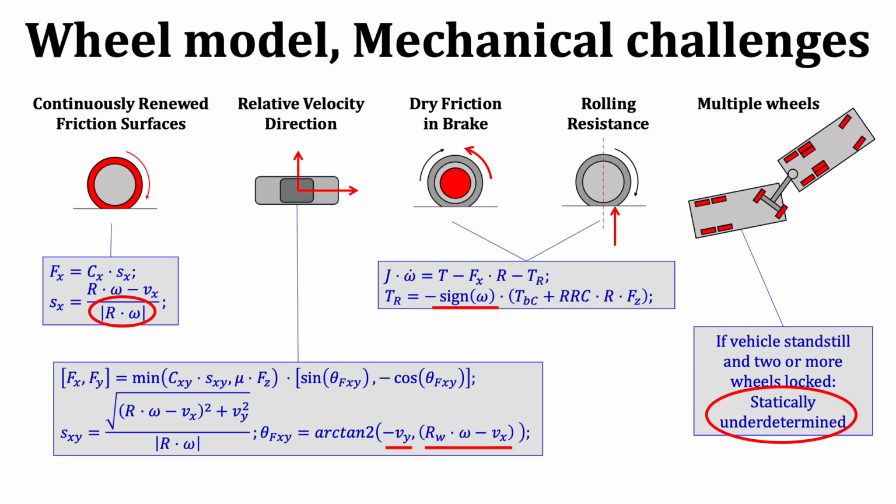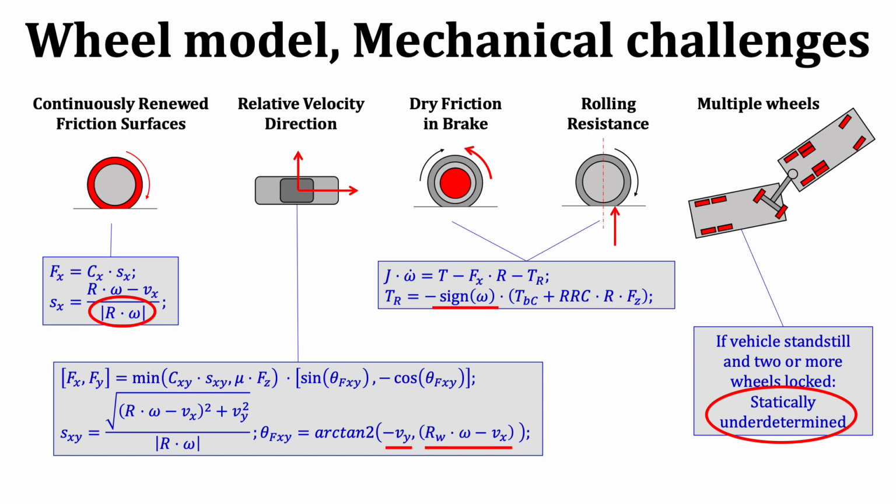Another singularity is this one, indicated by these two force arrows. And I underline down here, because to get the direction of the friction force, we need to rely on that the lateral speed and the longitudinal sliding speed, they can't be close to zero, because if both are close to zero, we try to look at the direction of a zero vector, and it doesn't work.